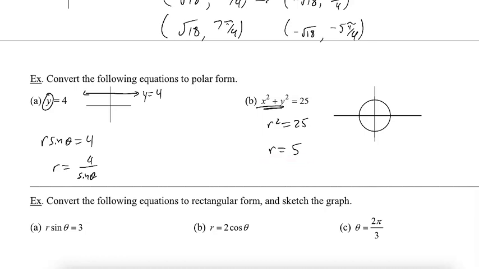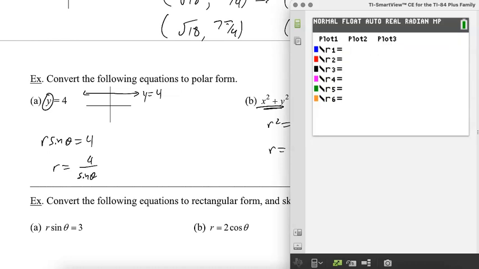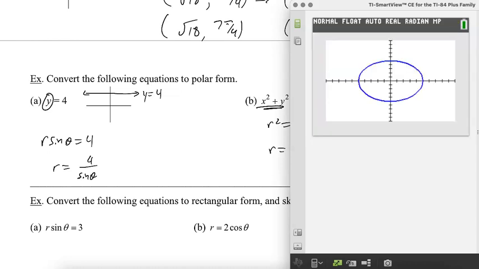That is an equation I want you to be able to graph without having to put it in a calculator. All right, so that's a circle with a radius of 5.